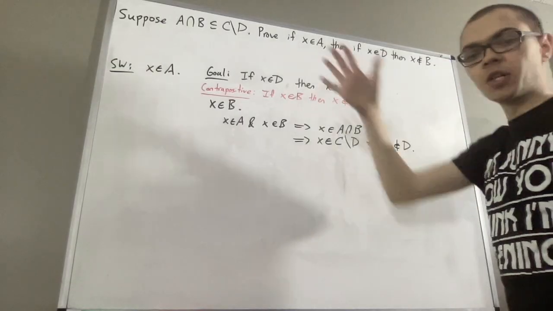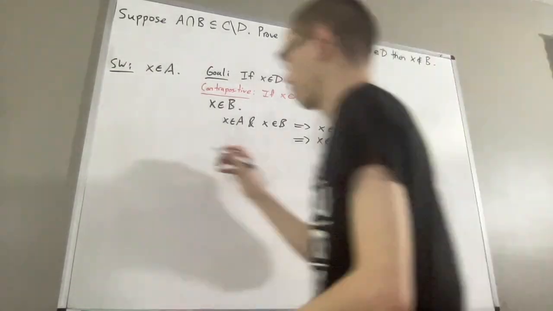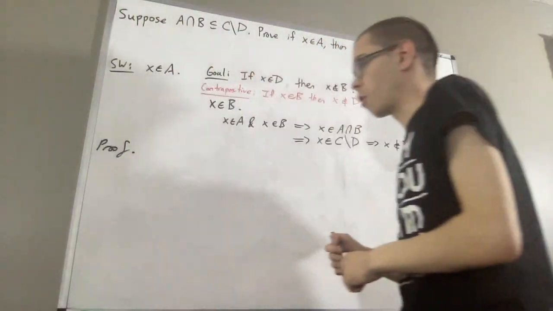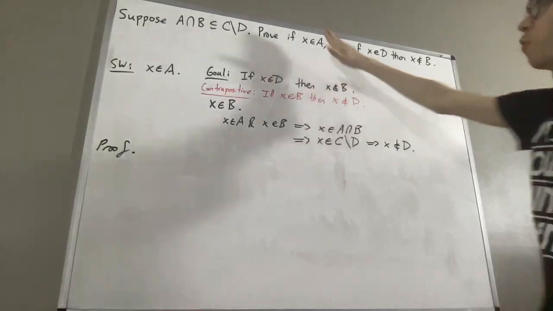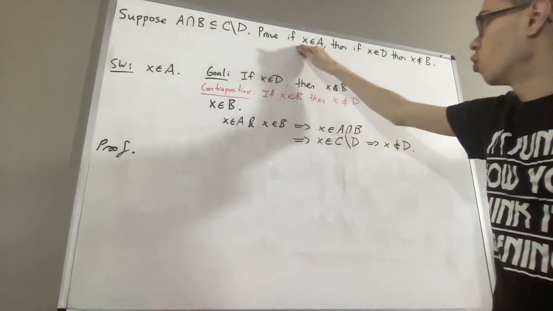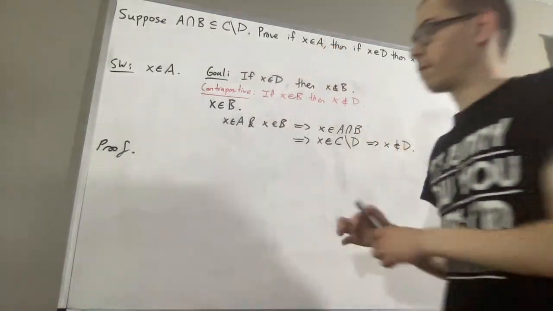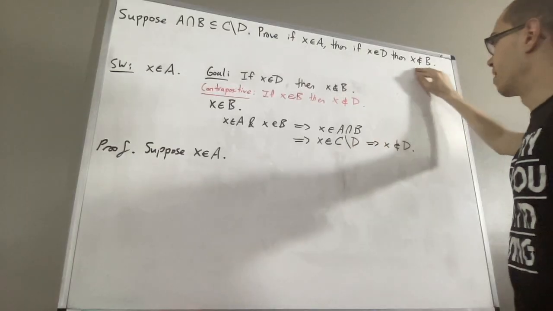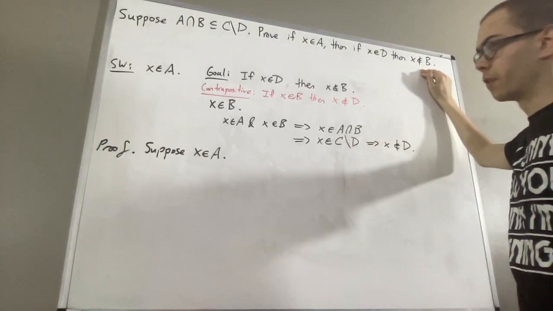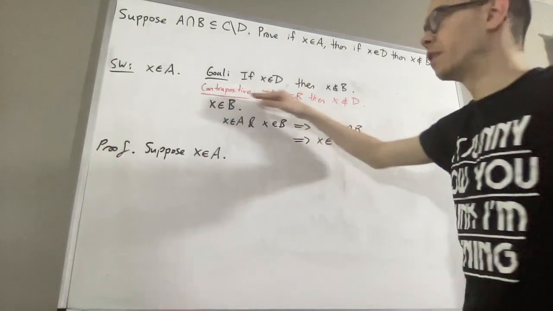So we're ready to write up our proof. So, start of our proof. Overall, we're trying to prove this statement, and we're proving it directly. So we make the assumption x is an element of A. From here, we are going to logically deduce that this statement is true. And to do so, we prove the contrapositive.